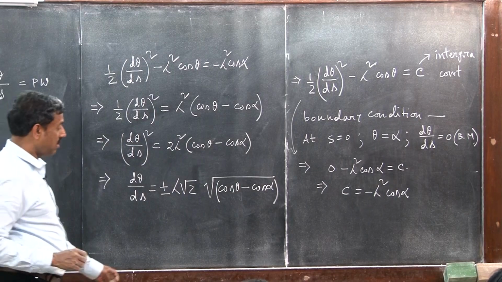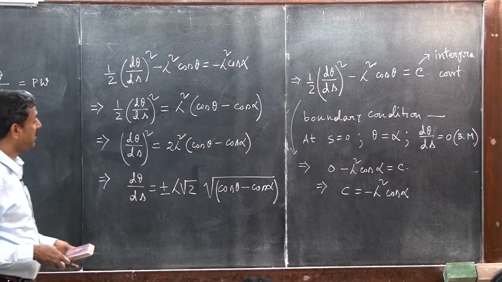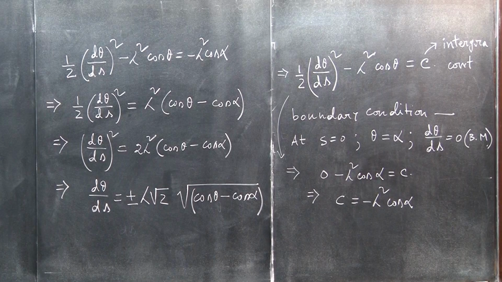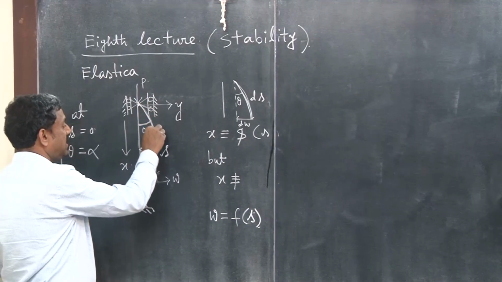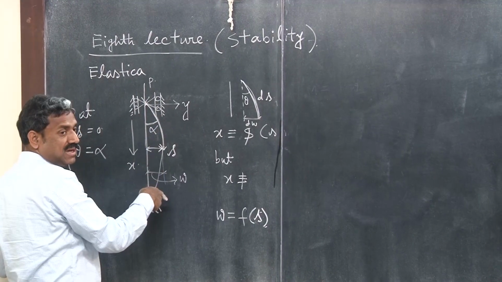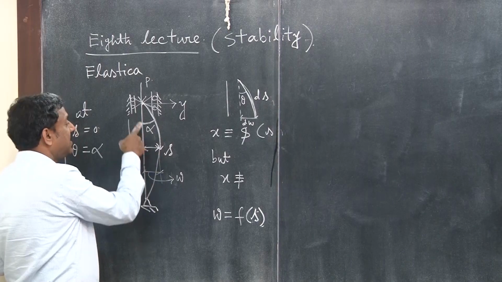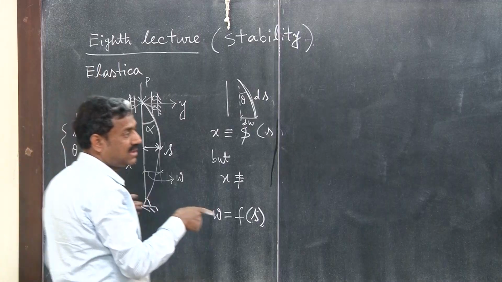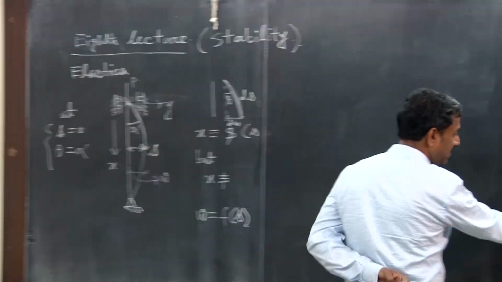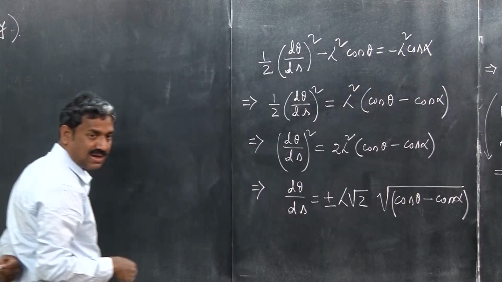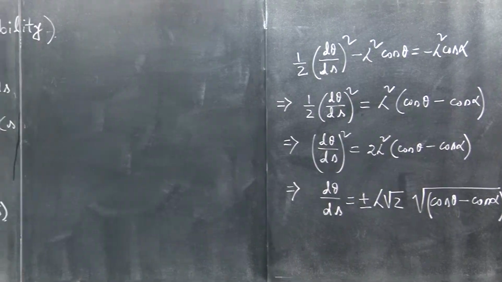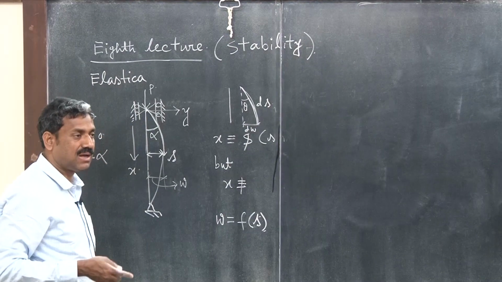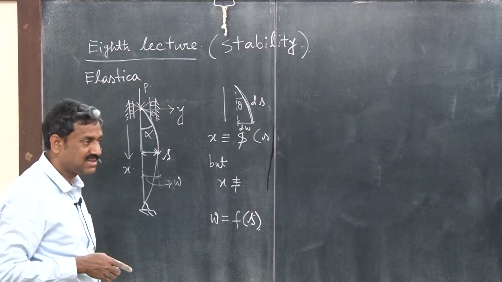Okay, please note that. You see here that we must decide which sign to take, plus or minus. With increasing s, this is the positive direction, right? With increasing s, theta reduces, that means this must be negative. Why is it so? Because the bending moment and curvature are opposite, that's where the minus sign is coming from.